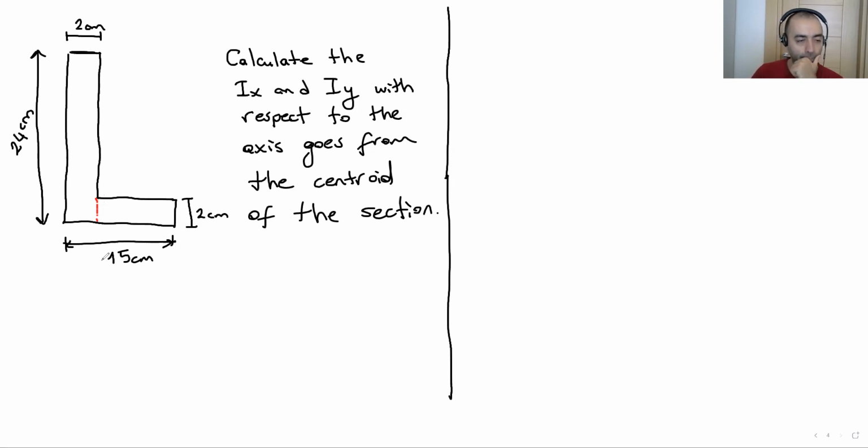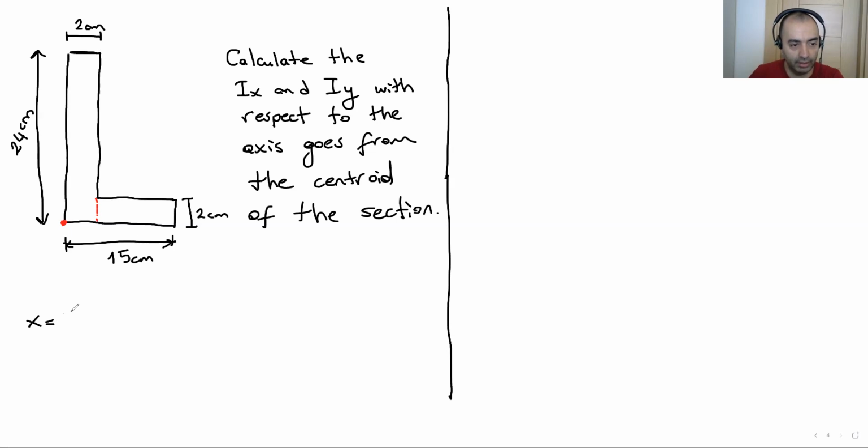Okay. Now, to calculate centroid, we need an origin point. Let's say we are going to calculate the location of centroid according to this point. Okay, what I have here, I have a rectangle.